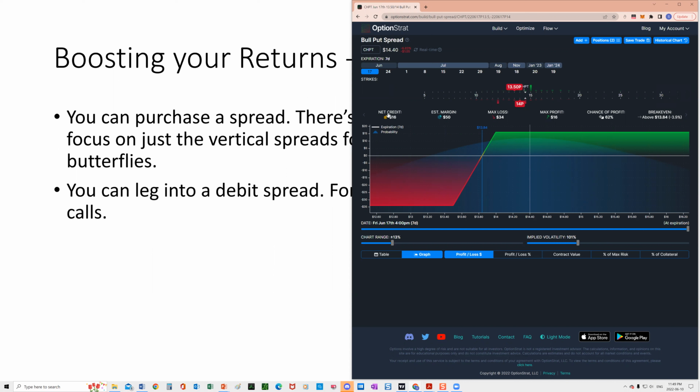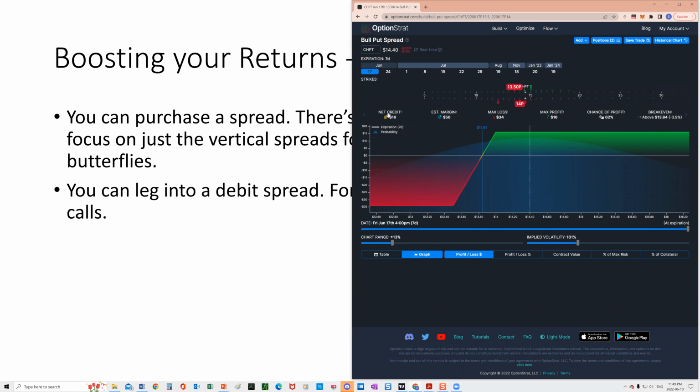Now, credit spreads are high probability, low profit, okay? But remember, all it takes is one of them going against you to wipe out weeks or months, or potentially, if you really somehow manage to mess it up, years of progress. So whatever you do, please, please, please be careful. This is a valid strategy if you're looking to generate income. If you want to buy the stock itself, you're better off just doing the cash secured put.